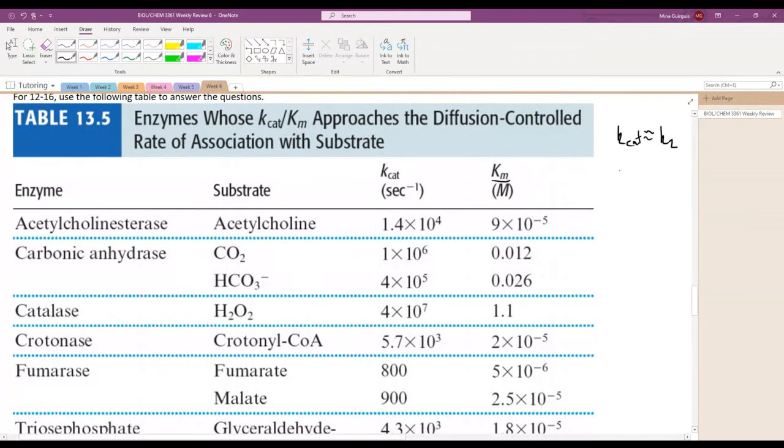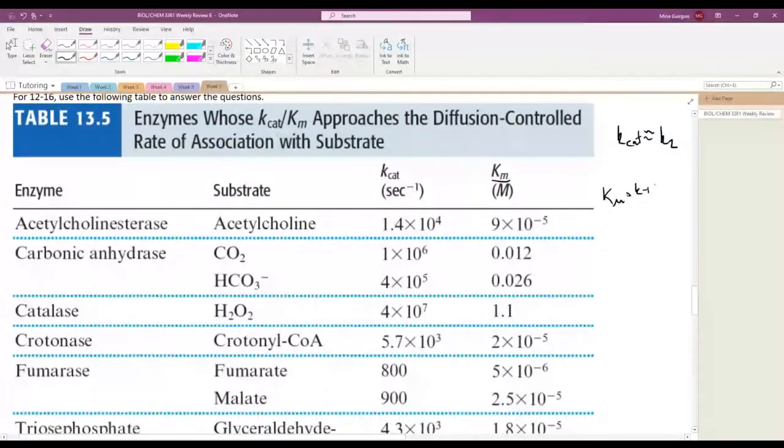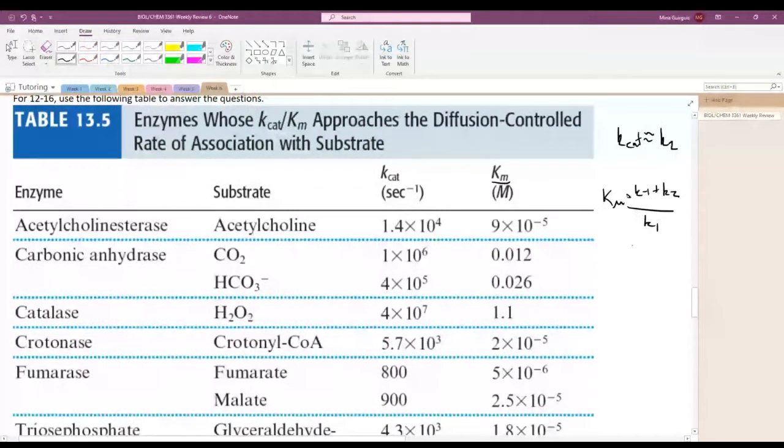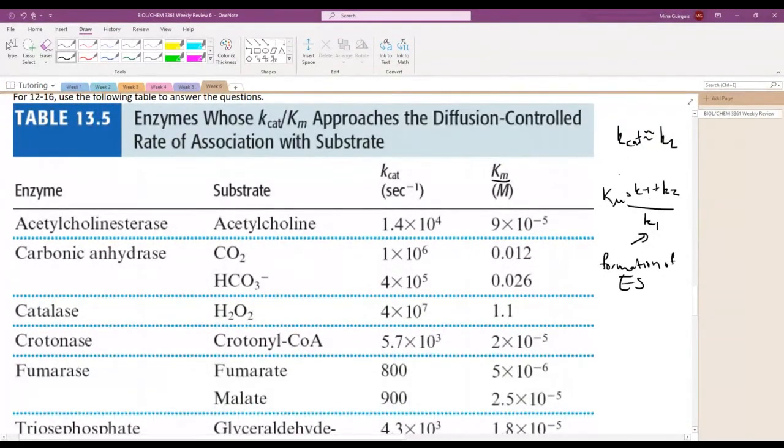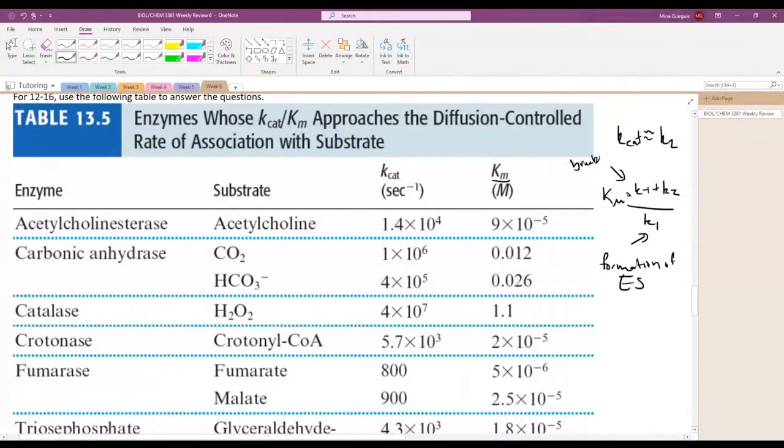So Km, and I'm going to go back to its equation, K-1 plus K2 over K1. K1, like we said earlier, is formation of the enzyme substrate complex, and K2, or I should say this top stuff, K negative 1 and K2, is the degradation, the breakdown, I'll stick to breakdown since that's the term used in a lot of your PowerPoints, breakdown of ES.